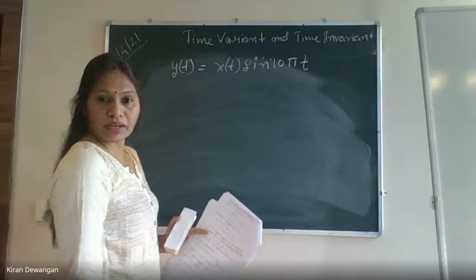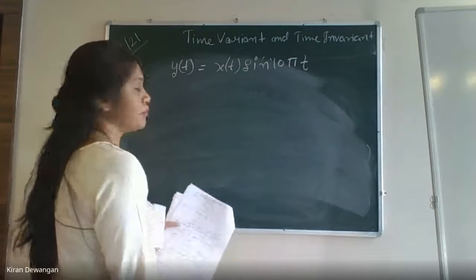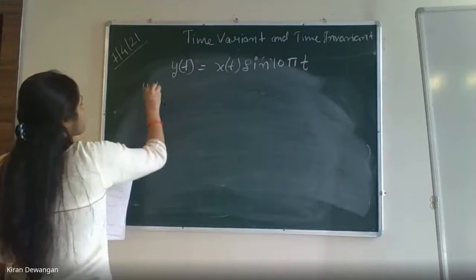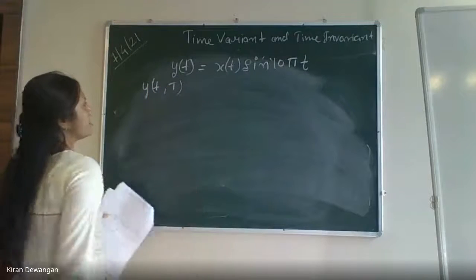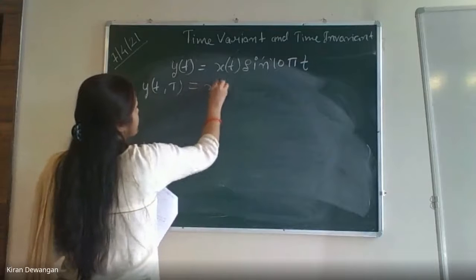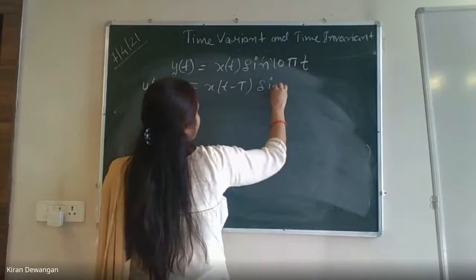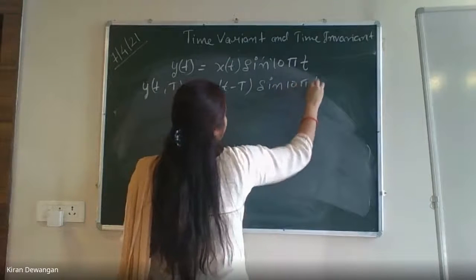Whether it's going to be a time invariant or variant system? Can anyone guess? This is y of t with delayed input. It will be just x of t minus T, and this will remain as it is, sin 10 pi t.